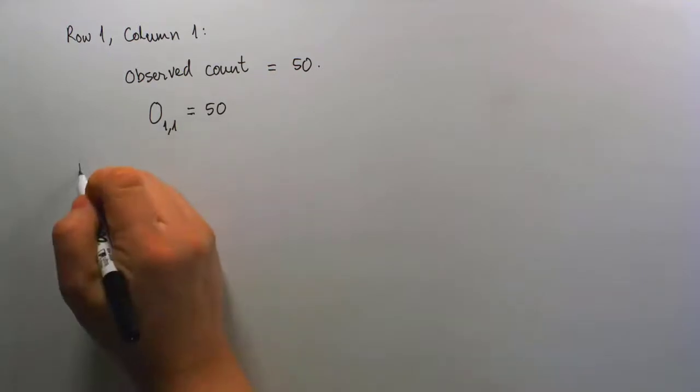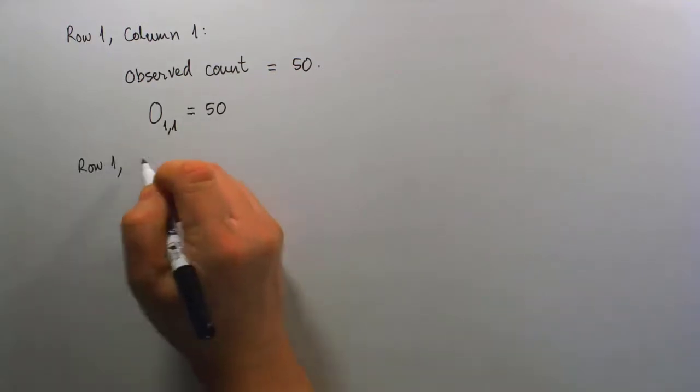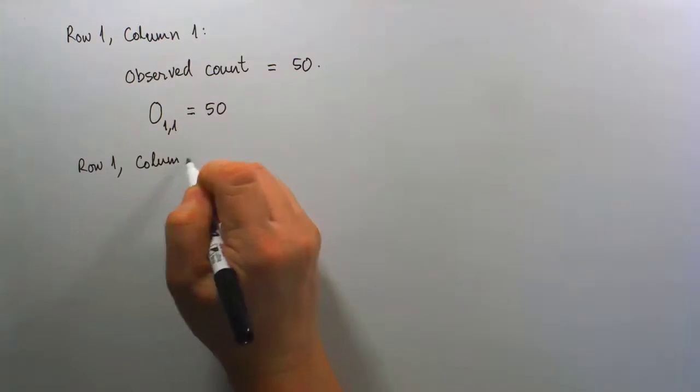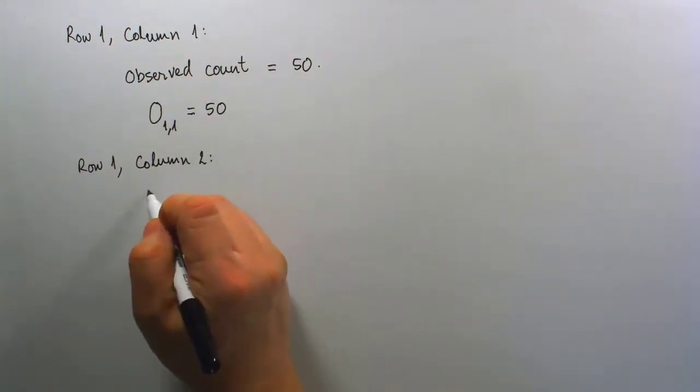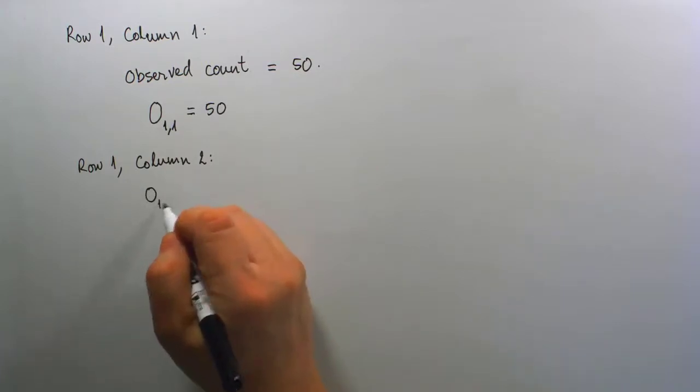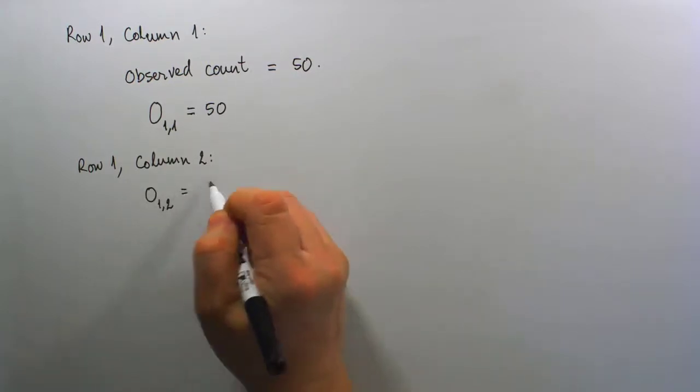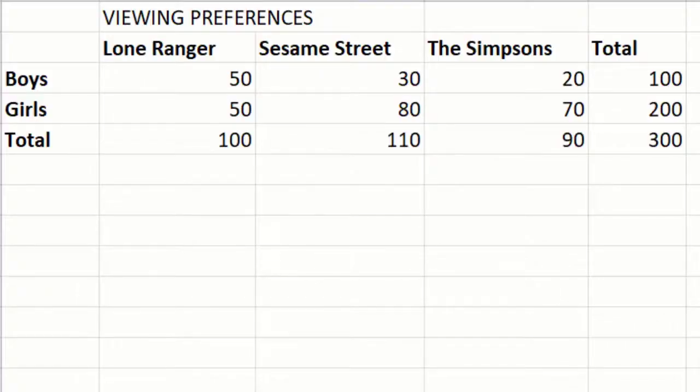So row 1 again, but column 2. We found observed count to be 30 from the table. So the way we're writing that is O1,2, and that's 30. That's just the way we are indicating these values. So in this table, before the total column and above the total row, we have 6 different observed counts: 1, 2, 3, 4, 5, and 6.